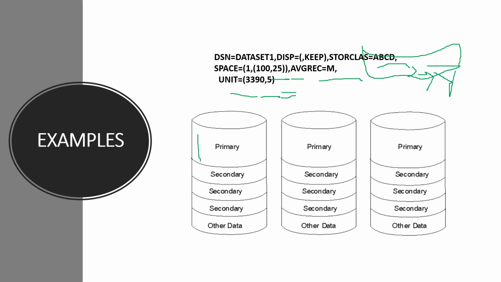Whenever it takes a new volume, it will take a primary space of 100 MB first, and a secondary space of 25 MB. So 5 volumes can be taken, and every time it takes a new volume, it will allocate a new 100 MB primary, and it will take the secondaries again depending upon the space in the volume or the extent count of that volume.